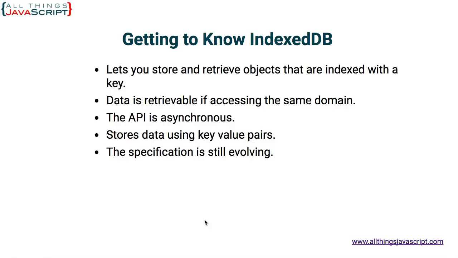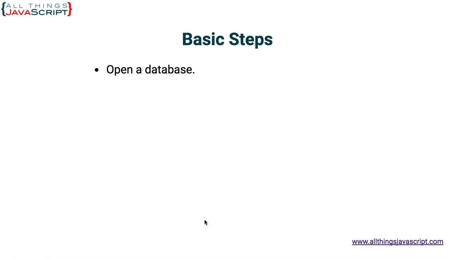Now, before we start coding, let's look at the basic steps we have to follow to use IndexedDB to store and retrieve data. So here they are. First, you open a database. If this is the first time you've opened the database or it's a new version of the database, you have to create an object store for that database.